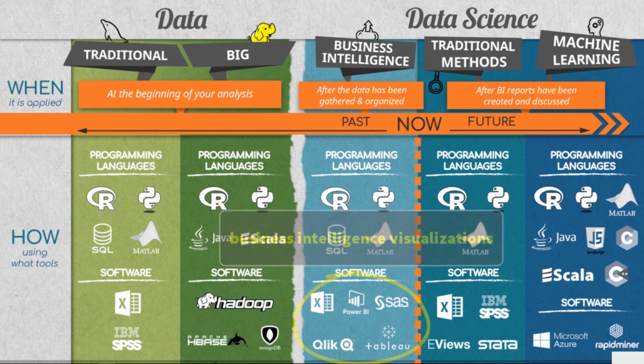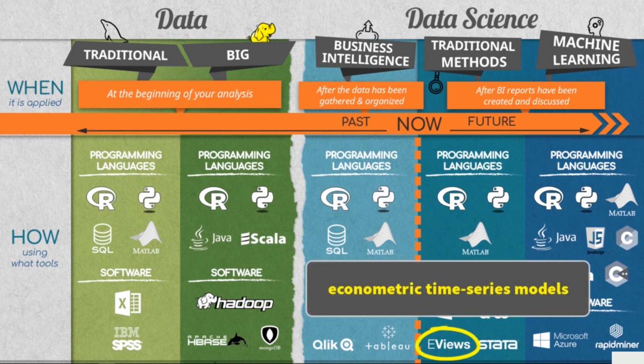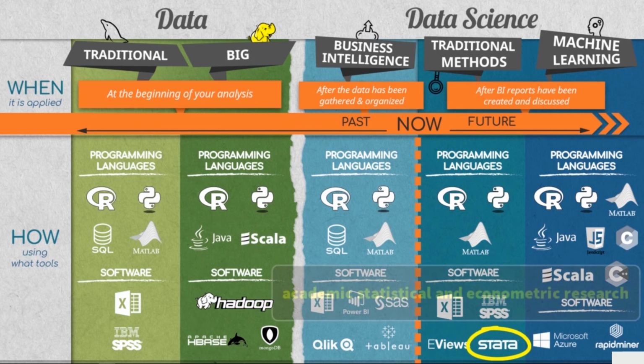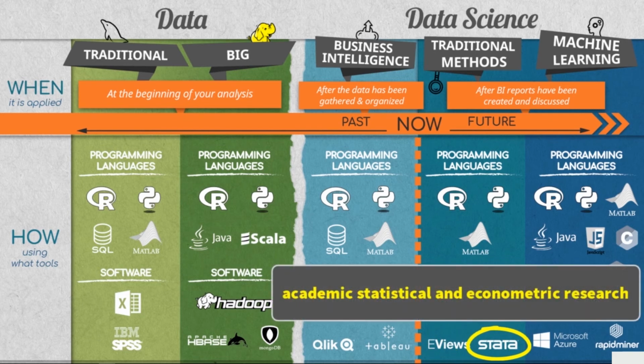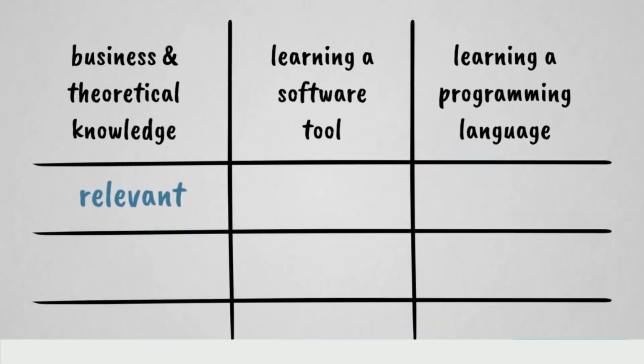In terms of predictive analytics, eViews is mostly used for working with econometric time series models, and Stata for academical, statistical, and econometric research, where techniques like regression, cluster, and factor analysis are constantly applied. As a final note, remember the following. Should you have the relevant business and theoretical knowledge, learning a software tool is relatively easy, as opposed to learning a programming language.